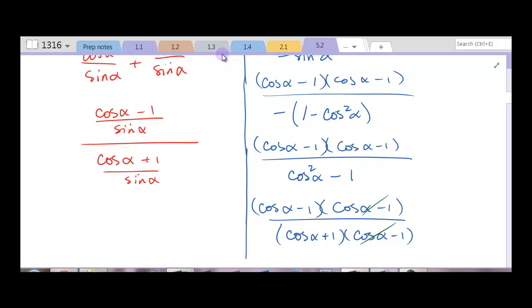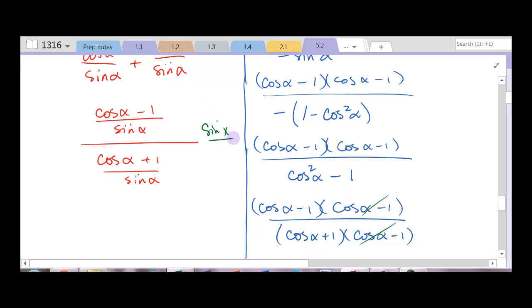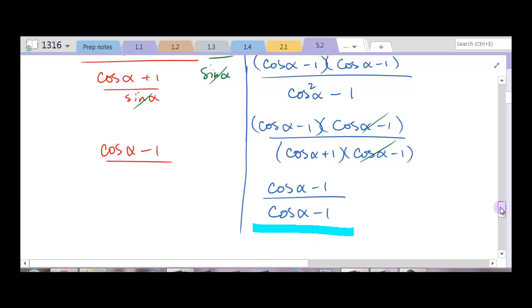So what I'm going to do is multiply both the numerator and the denominator by sine alpha, then this sine cancels with that denominator, this sine cancels with that denominator, and it just leaves me with cosine alpha minus 1 in the numerator, all over cosine alpha plus 1.